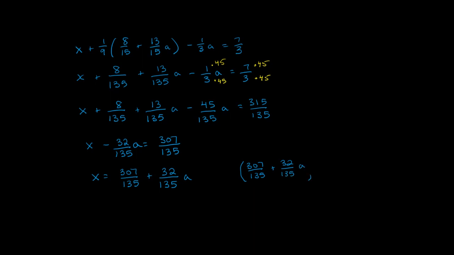That was x. Y is 8 over 15 plus 13 over 15a, and then z is a. And so you've got this ordered pair. It looks gross because of all these fractions, but that's how this works when you have matrices.